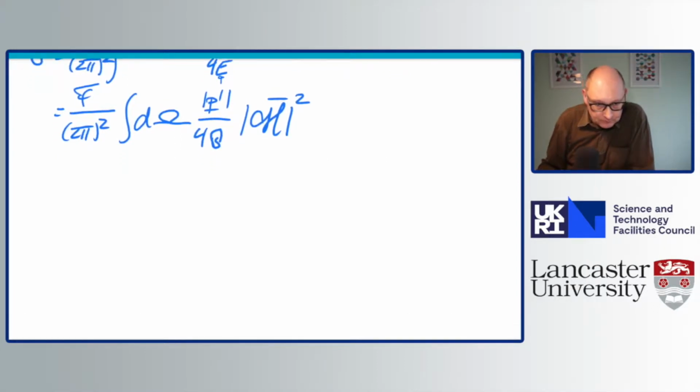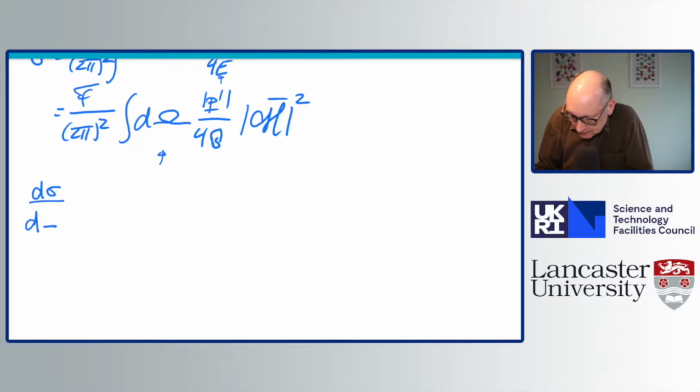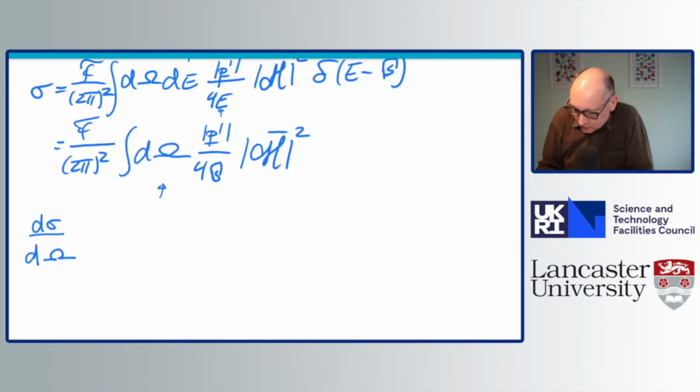Good. Now the only undefined variables here are the angles. But actually that's often measured, and what's interesting is to measure the cross-section as a function of the angle. So if one was indeed interested in d sigma d omega, then of course this angular integral is undone.